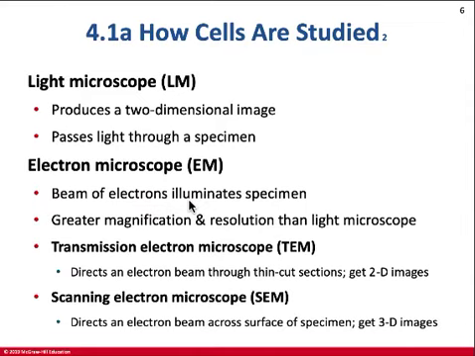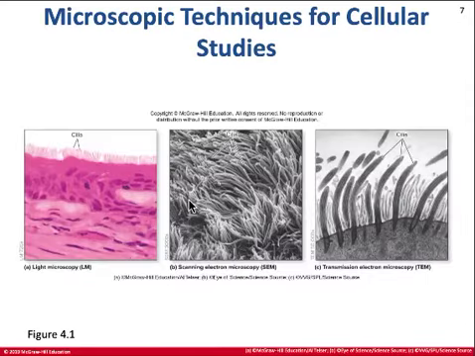Two different types are scanning and transmission. So you can see some examples. Light microscope there on the left, scanning in the middle, and transmission on the right. So you get a sort of three-dimensional image with the scanning, sort of a 2D image with transmission, and obviously a 2D image with the light microscope.